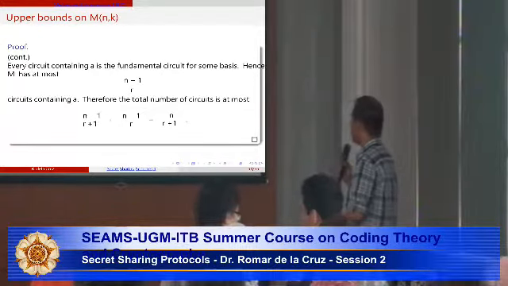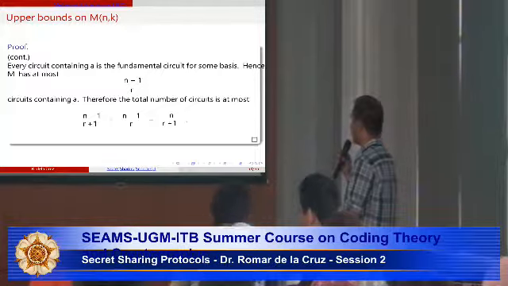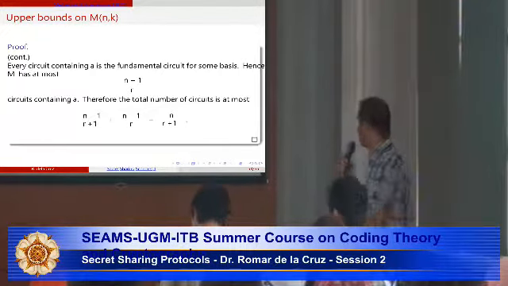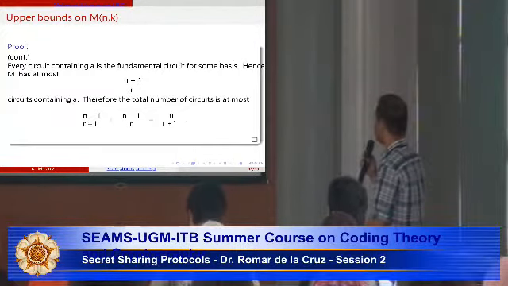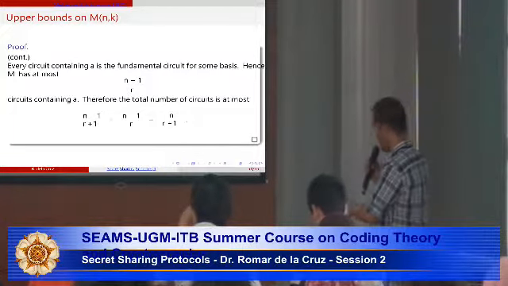So the matroid has at most (n-1) choose r circuits containing a. If you sum those two quantities, you get this one.